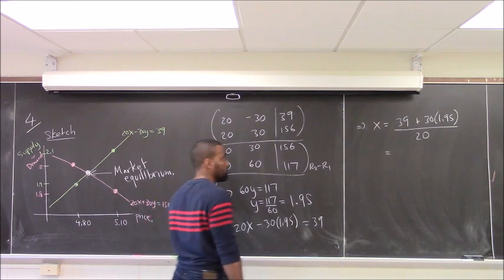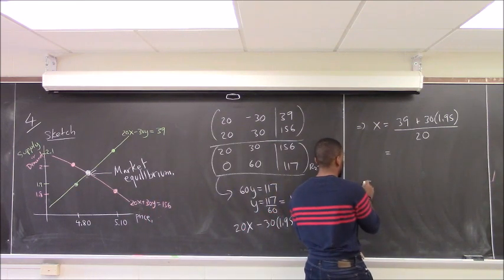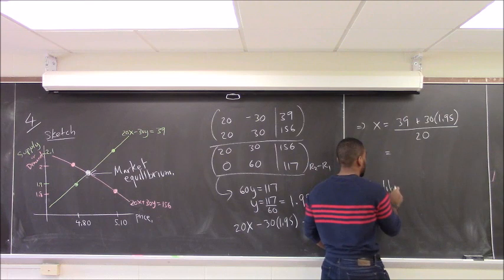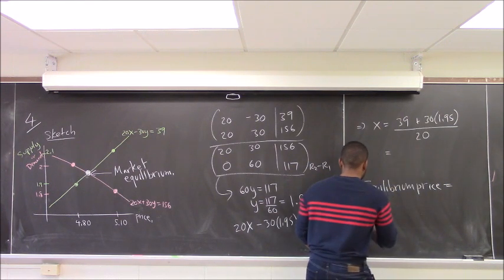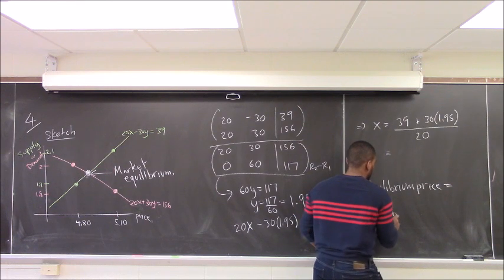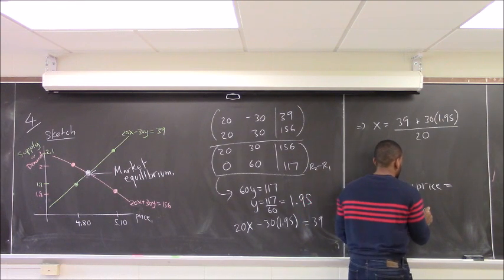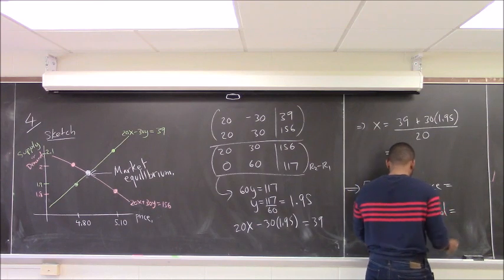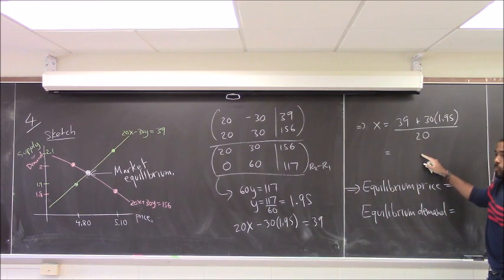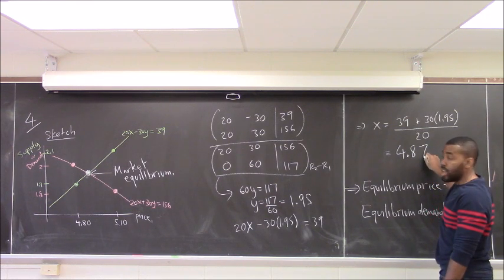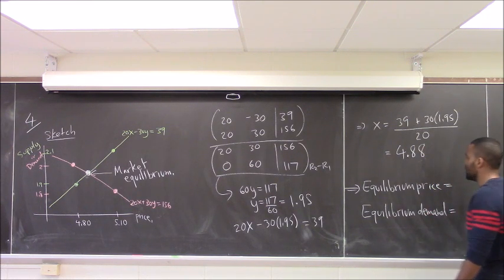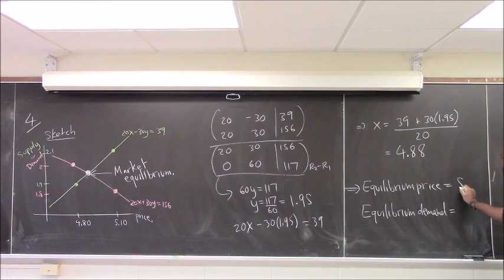That's 4.875, so let's round it to 4.88. So that's the best price. This supplier should price their product at $4.88.